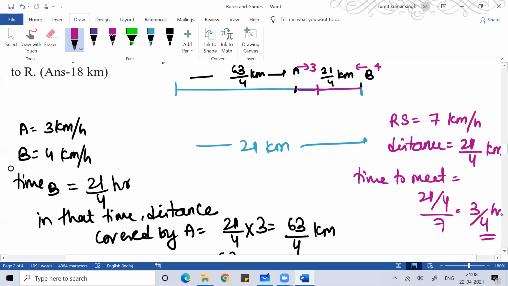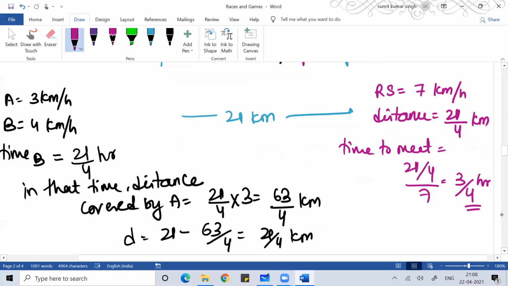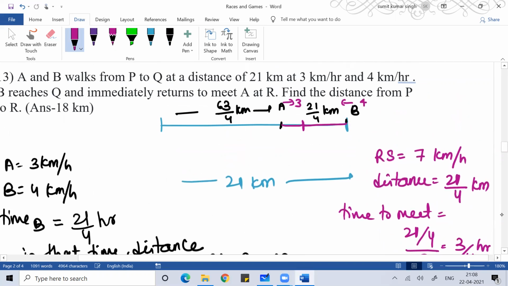In that time, what is the distance A would have covered? A is running at 3 kilometers per hour, so A has covered an additional 9 by 4 kilometers, and the remaining 12 by 4 kilometers B would have covered.